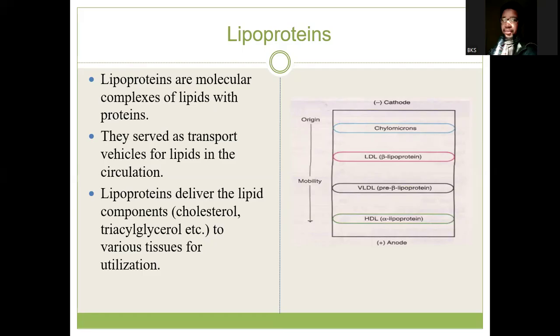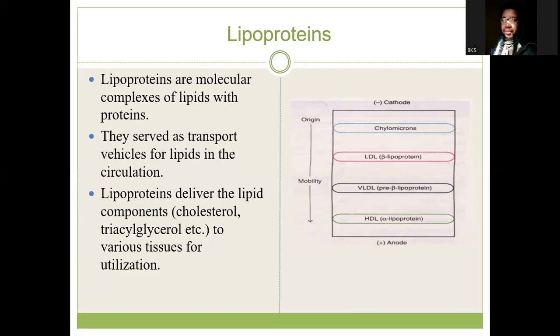How are these things transported? We also know that the liver is involved in the synthesis of fatty acids. So if the liver synthesizes fatty acids packed in the form of triacylglycerol, how are these substances transported to different parts of the body?